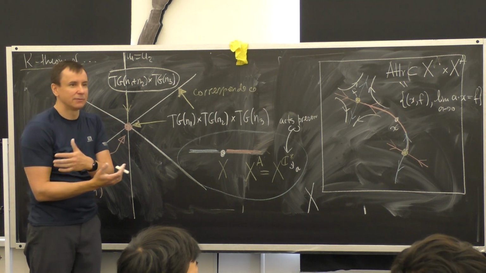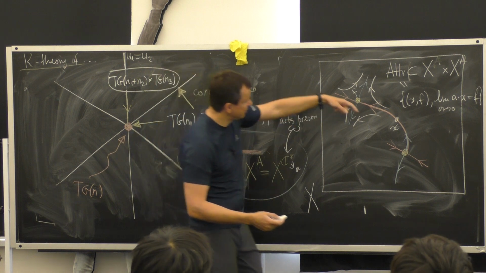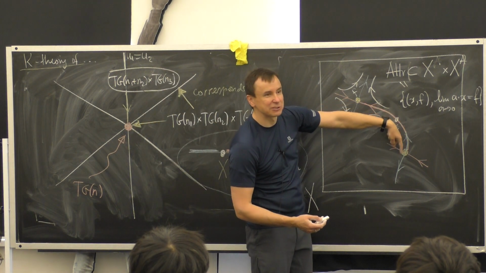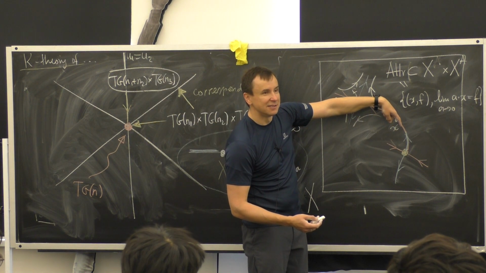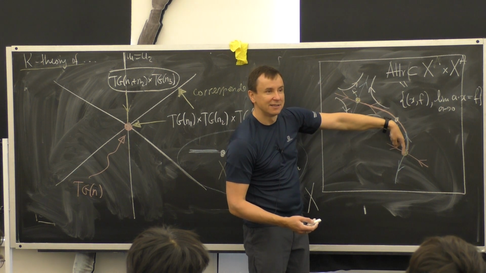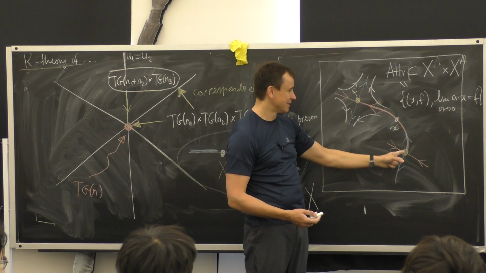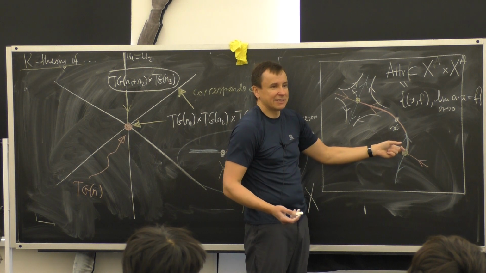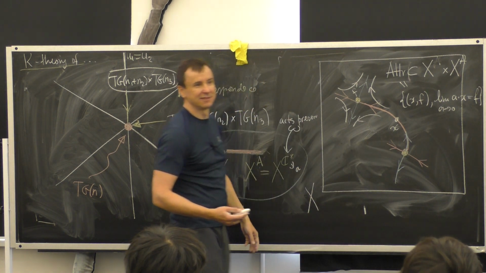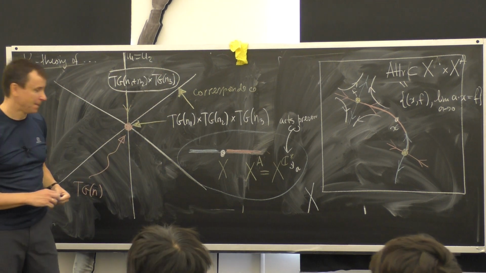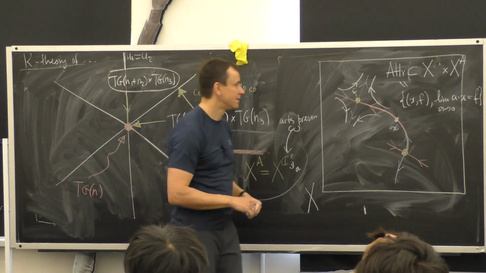Why is it closed? Well, because you see, I had to switch the colors. This is the closure of attracting. It hits something else, right? It's not closed. It's attracting for different points.